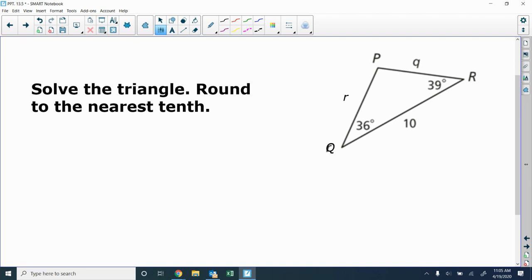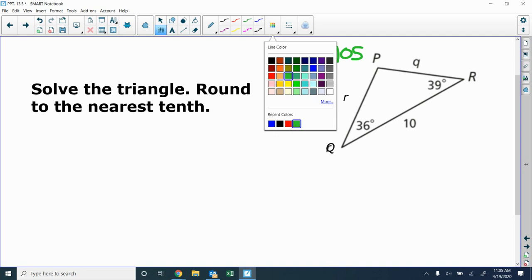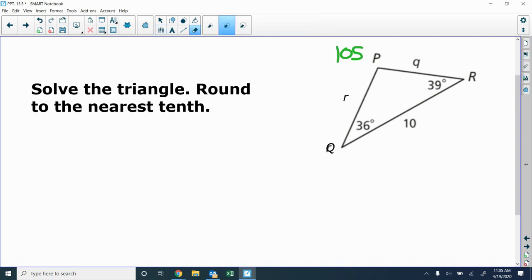So again, we're going to grab our calculators. 180, and we'll subtract out 36, and we'll subtract out 39. And we're looking at 105 degrees for angle P.